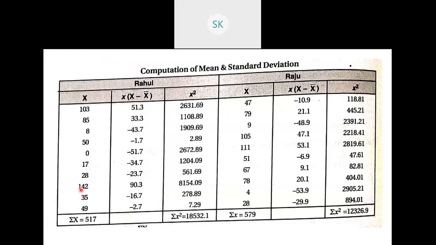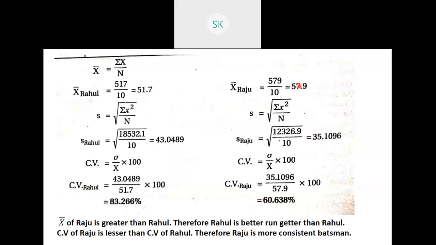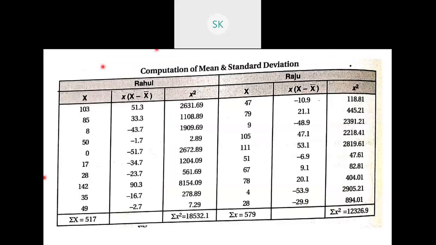Now let's see what the arithmetic mean of Raju is, which is 57.9. So 57.9 we are supposed to consider. Let's write it down here: 57.9. Okay, so this is the arithmetic mean. Now we are finding the deviations once again.